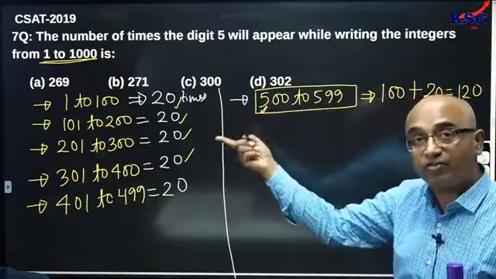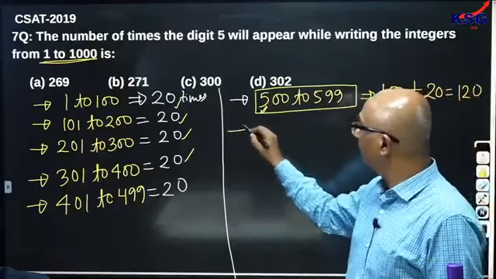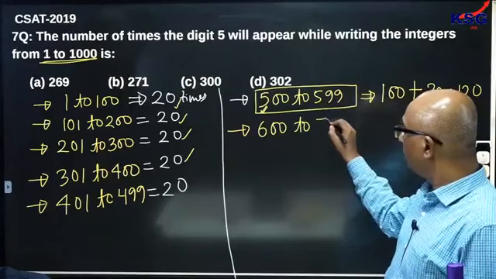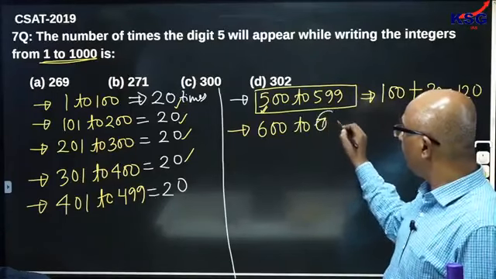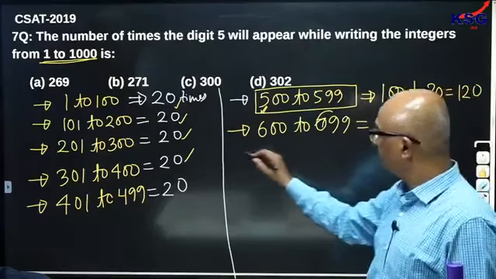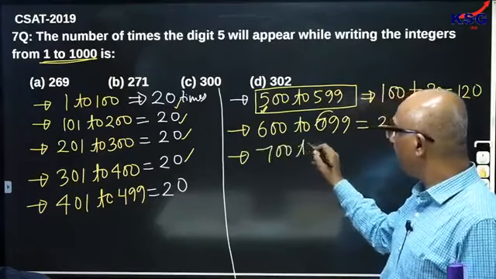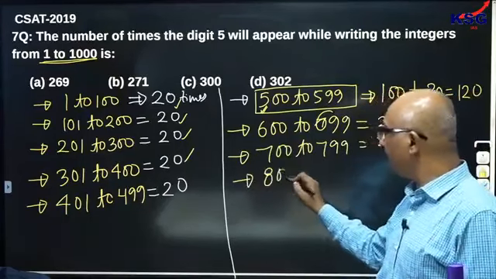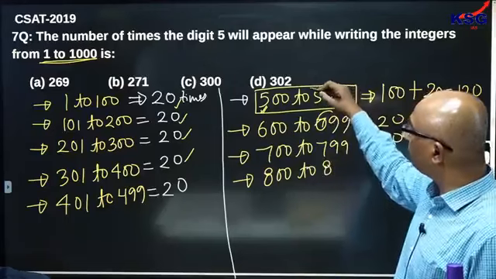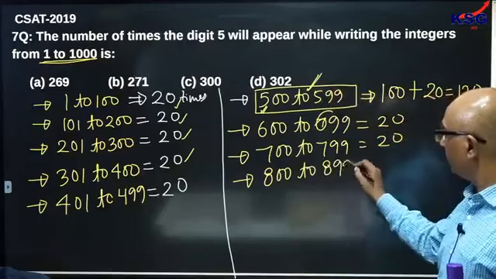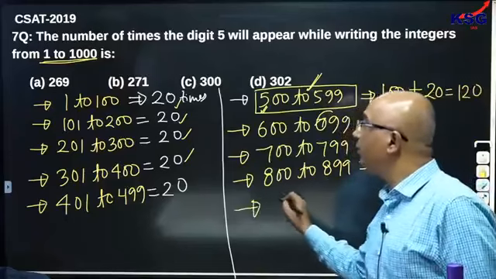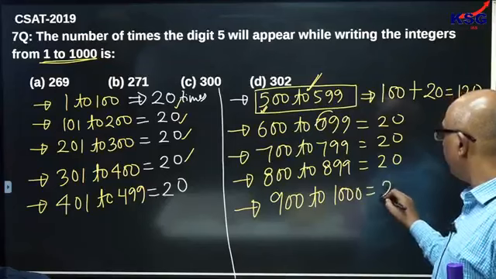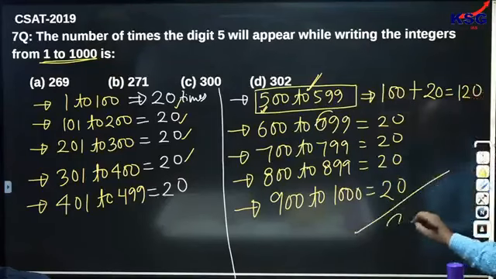So 100 times 5 extra, 100 plus 20, 120 times. 600 to 699, again 20 times. 700 to 799, 20 times. 800 to 899, 20 times, because only this one is the series with 120 times. 900 to 1000, again 5 appears 20 times. So the only correct answer is 300.